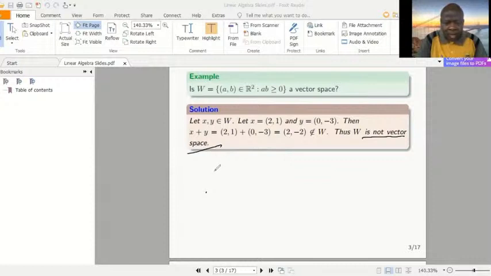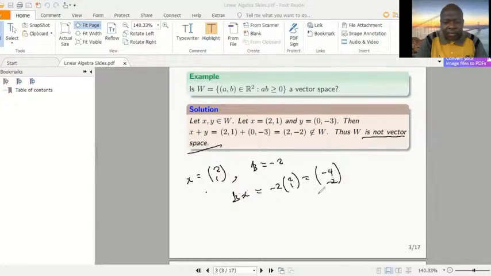So I have this (2, 1), and I may want now to choose a vector. I may want to choose a negative scalar. Let me choose a scalar which is -2. And let me get the product of beta x and see whether it will be contained in W. So that means -2 multiplied by (2, 1), and this is (-4, -2).